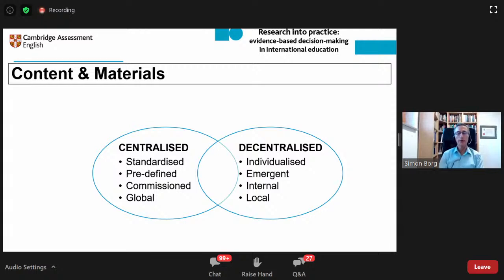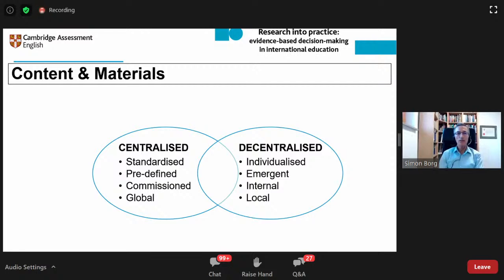But again, going back to the general point I'm making today, if you are responsible for setting up and designing professional development programs, it is extremely important for you to be explicit about the approach to content and materials that's going to be adopted on your program, and to think about the implications of that.